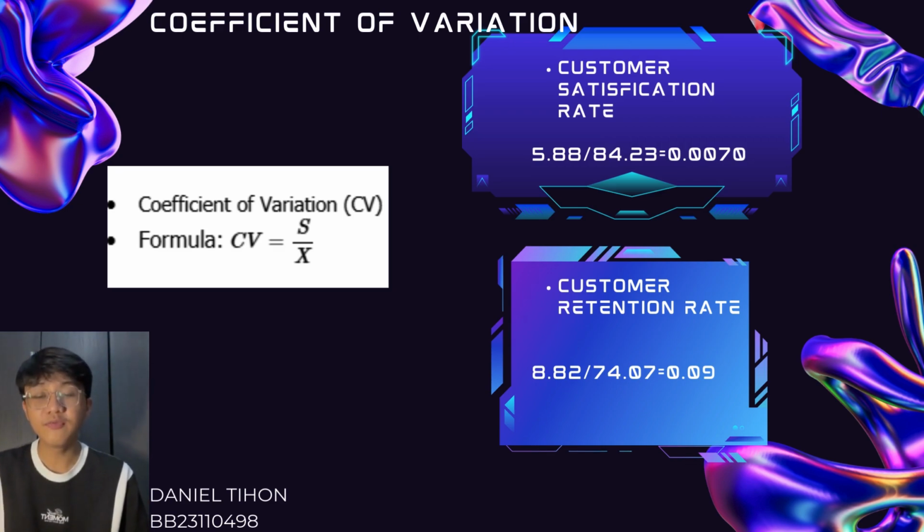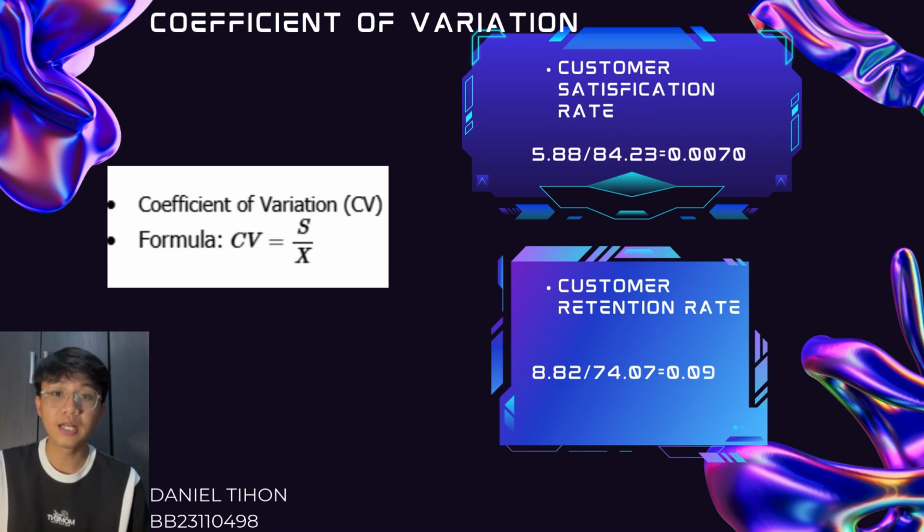The CV for the customer satisfaction rate is only 0.007, meanwhile the CV for customer retention rate is 0.09. A lower CV indicates that the data points are closely clustered around the mean. In contrast, the higher CV for retention shows greater inconsistency, which could signal deeper business or customer engagement issues.